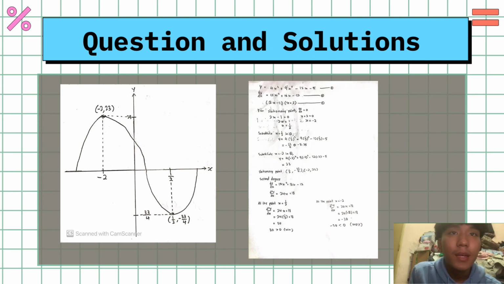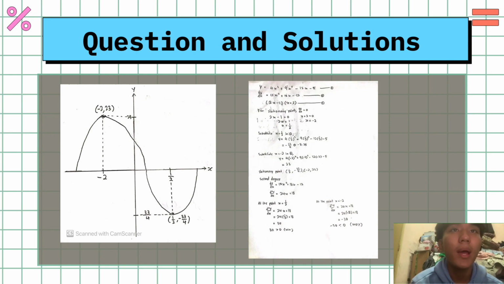Then substitute x equals 1/2 in equation 1. So equation 1 is y equals 4x^3 plus 9x^2 minus 12x minus 5. Just substitute 1/2 for x.